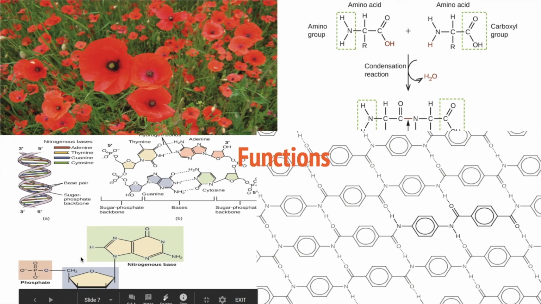Each nitrogenous base contains a single or double ring structure containing nitrogen, carbon, oxygen, and hydrogen. The double ring structures are here, and here are the single ring structures that make up the nitrogenous bases. So these ring structures are heterocyclic amines, which give nucleic acids their specific characteristics.